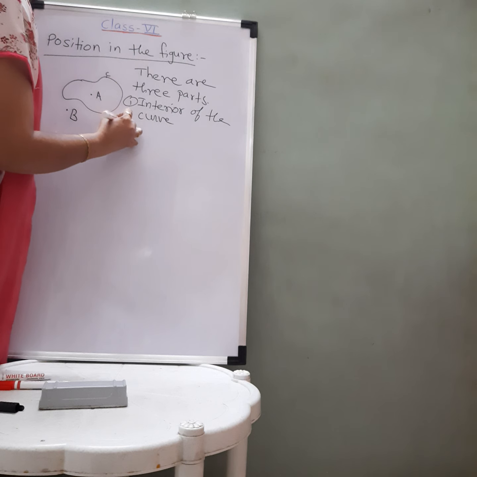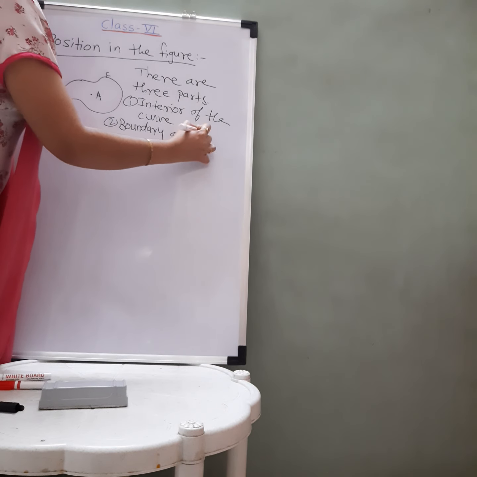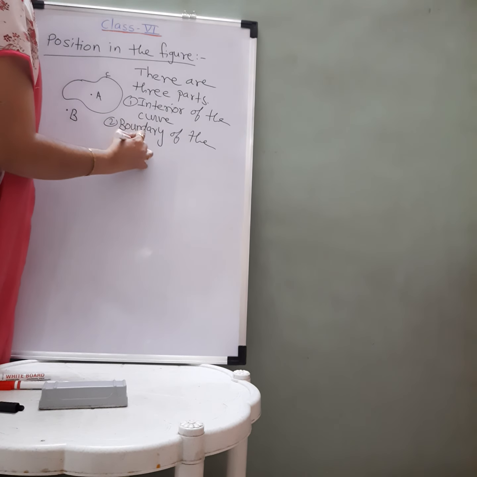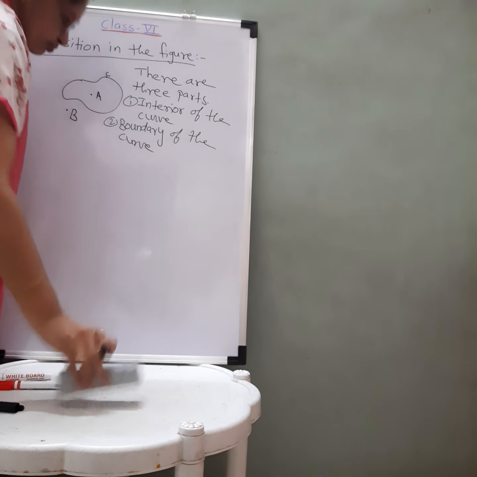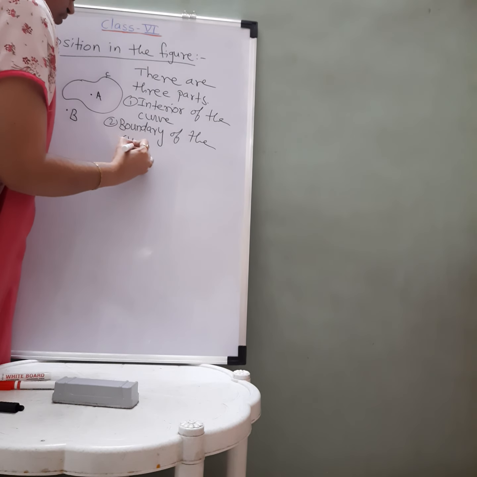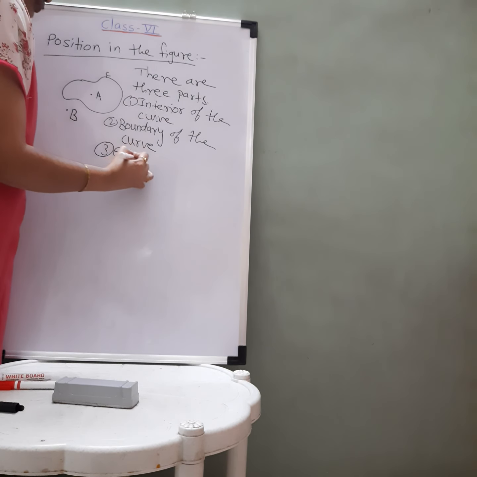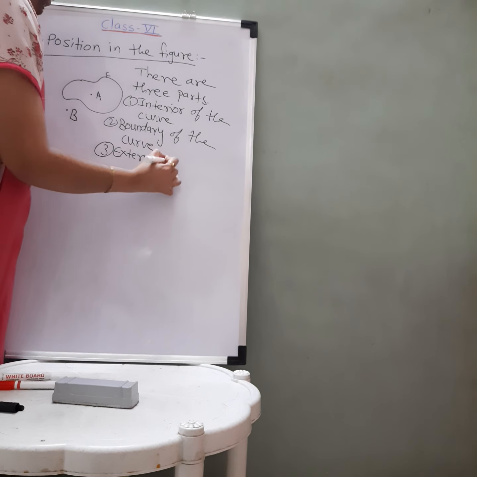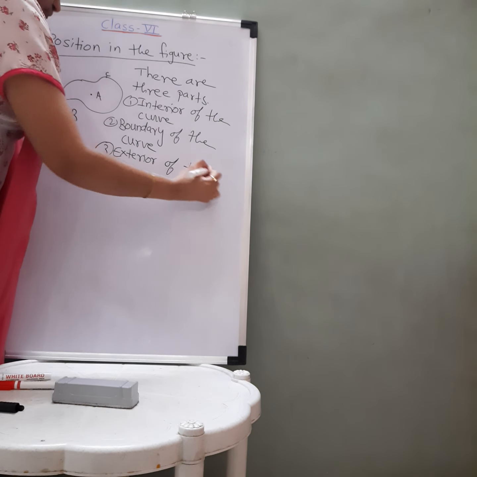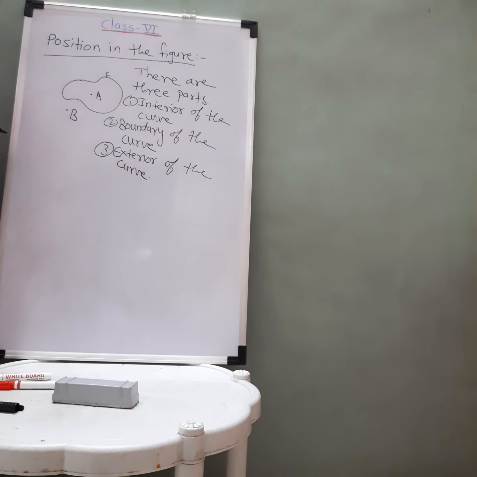Second one is boundary of the curve, and the third part is exterior of the curve.